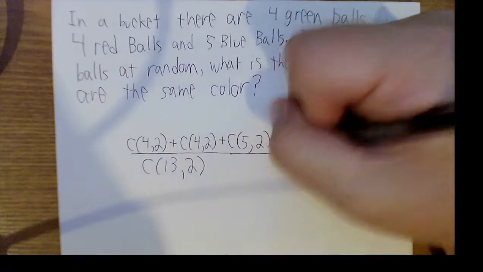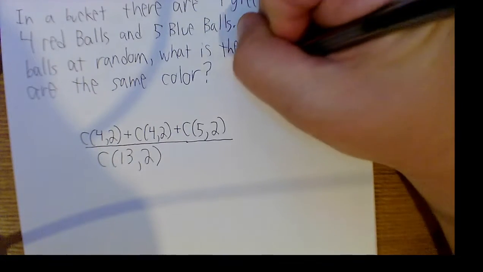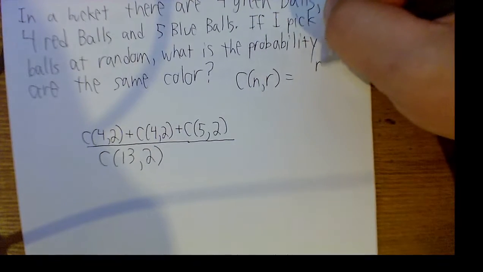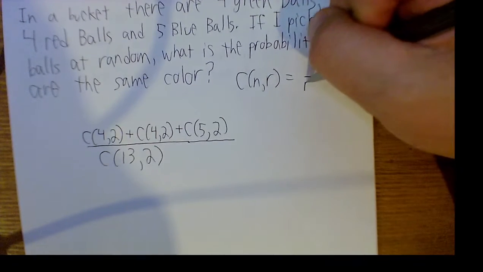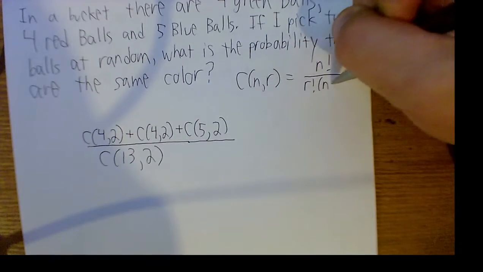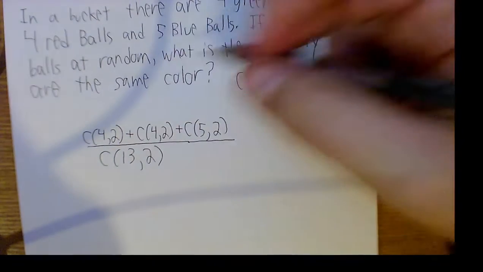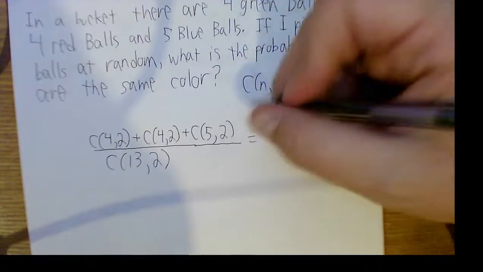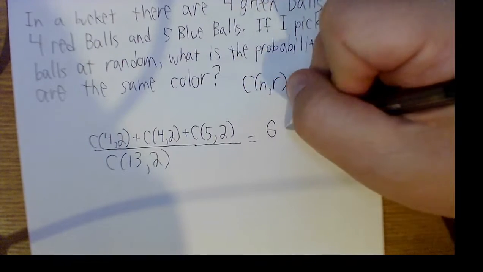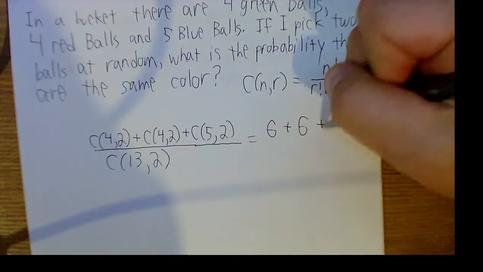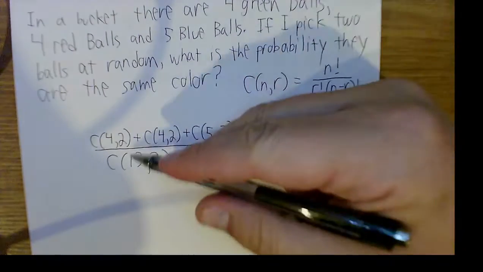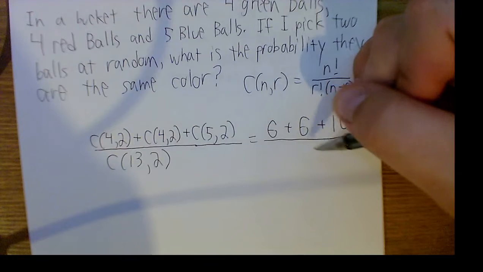And here I can solve out these combinations. If you remember, C of n r equals n factorial over r factorial times n minus r factorial. So this would equal 4 times 3 divided by 2, that would be 6, plus 6, plus 10, divided by 13 times 12 divided by 2.